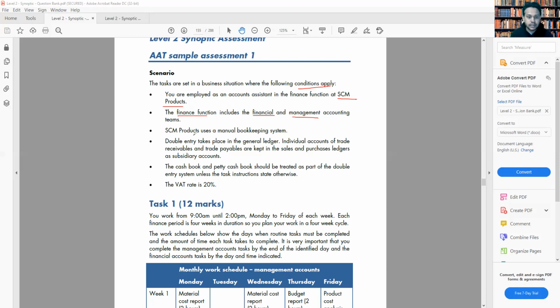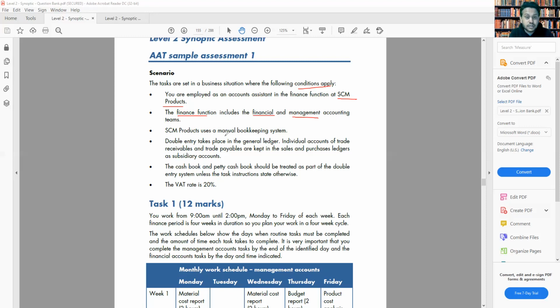SMC Products use a manual bookkeeping system. The reason they tell you this is they want you to understand more. A manual bookkeeping system is a system where the software doesn't do anything automatically. For example, nowadays there is a lot of software like QuickBooks and Xero.